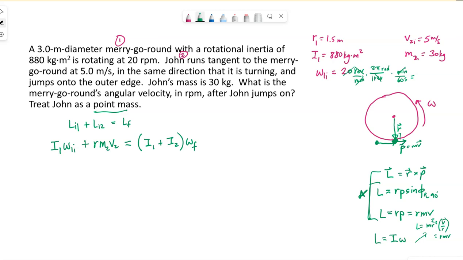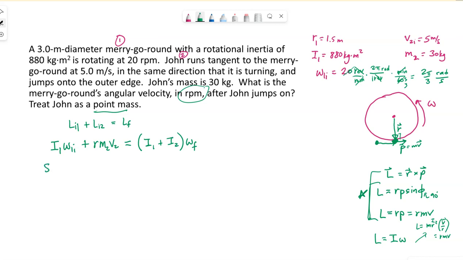Let's see, 20 goes into 60 3 times. So 2 pi over 3 radians per second is omega 1 initial. So now, having proper units, our omega final will end up being in radians per second, which we'll need to convert back to revolutions per minute, because that's what this problem is specifically asking for, which is fine.